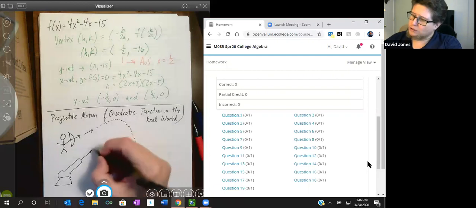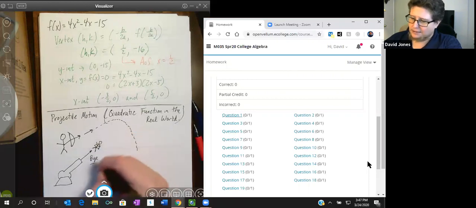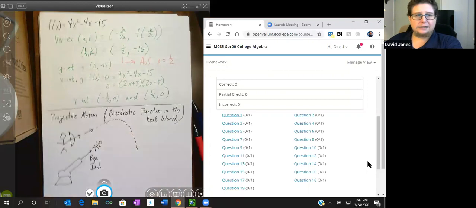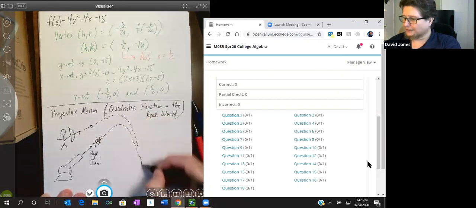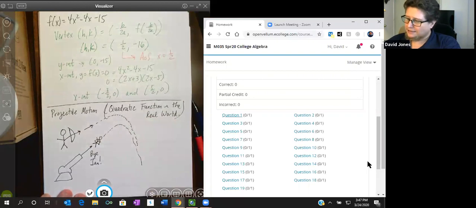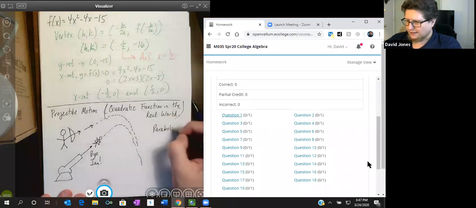Whee! There's Ian. He's got his Superman cape on. Bye, Ian. Ian's going to fly up, and he's going to come back down. These are parabolas that open downward.